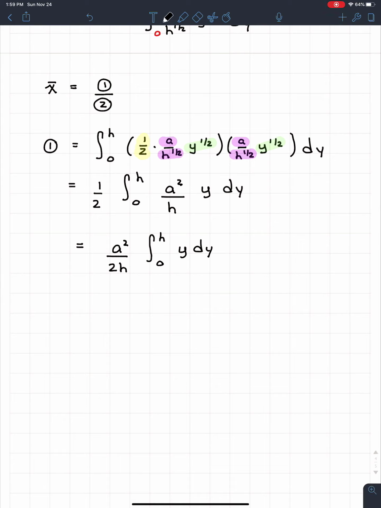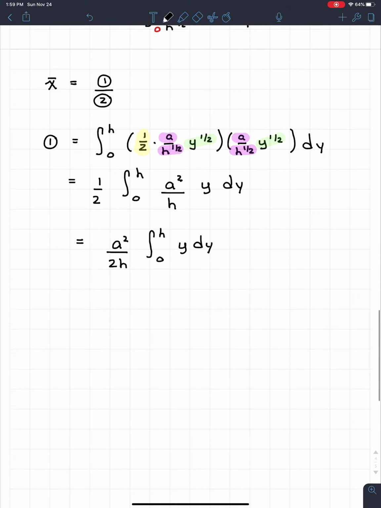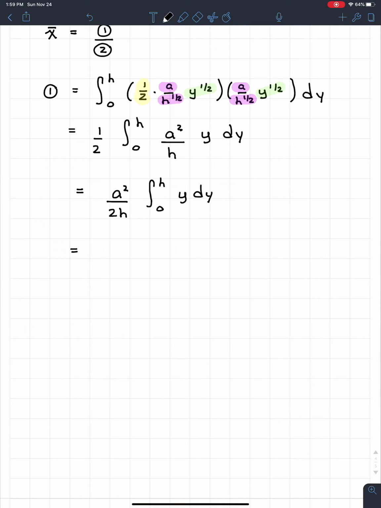So the integral of y is actually very, very simple to solve. A lot of you will say, oh, that's very easy. We can do this very easily. So this is going to be equal to a squared divided by 2h. And now we're going to evaluate our integral. So remember, when we're integrating something, we're going to increase the exponent by 1. And whatever our exponent is in the end, we're going to divide everything by that number.